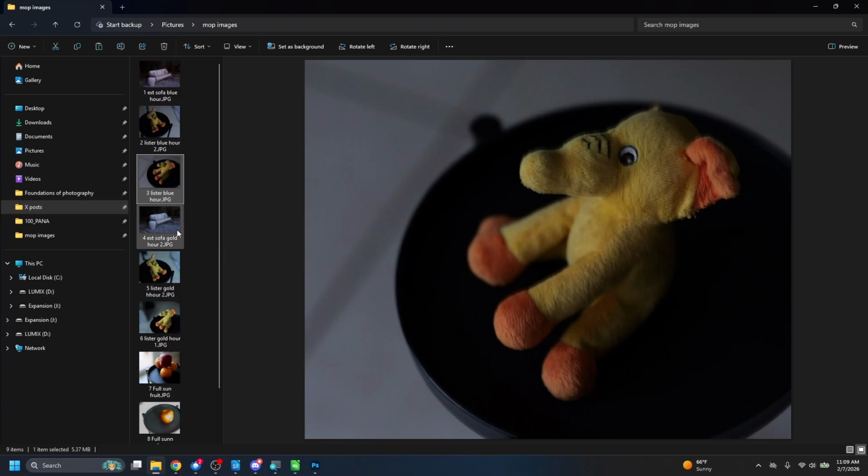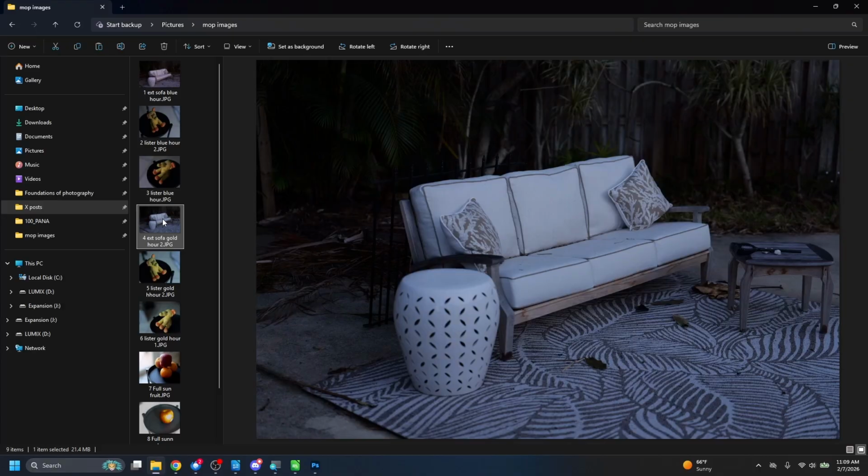these indoor images. And then about 15 minutes later, we actually moved into the quote unquote gold hour. And as you can see, the exterior sofa here has actually brightened up. It's lost kind of the pink shades that were present previously.